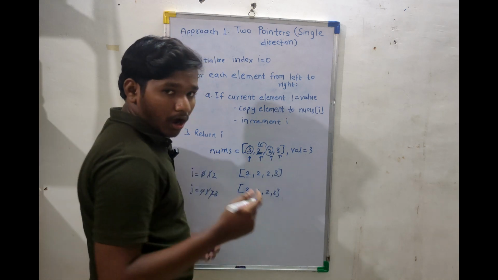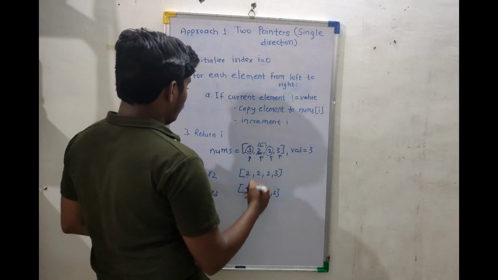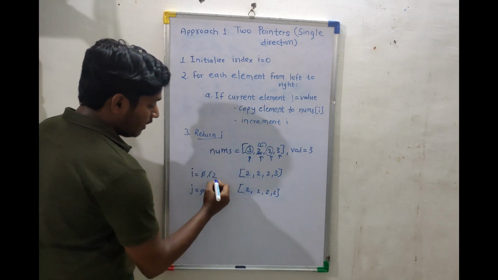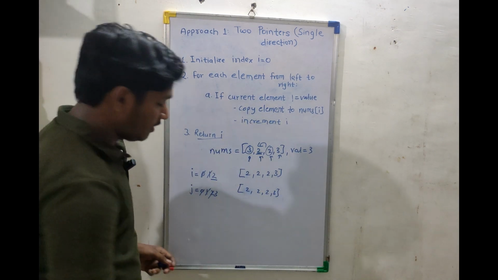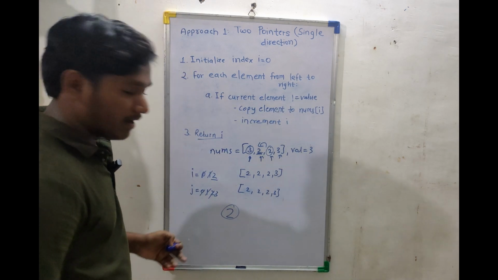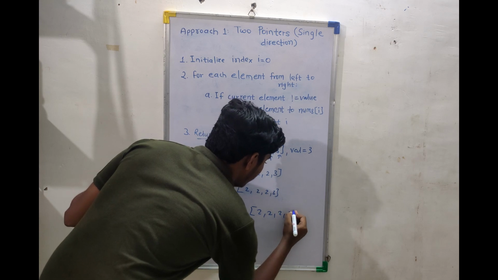As we reach the last element, we go outside of the for loop, and in the last step we return i. As our i is 2 now, we return the value 2, and our array looks like 2 2 2 3.